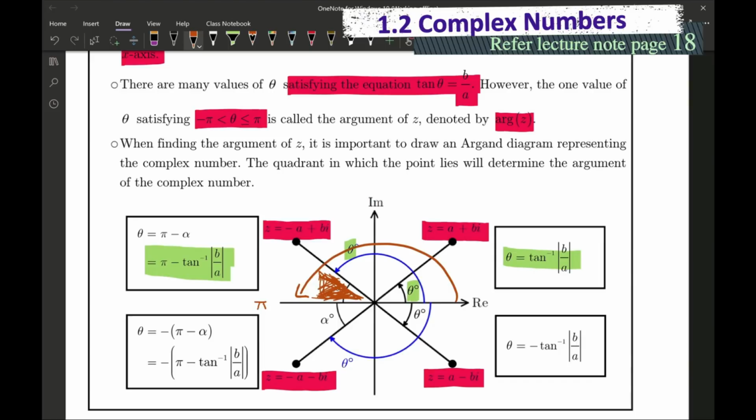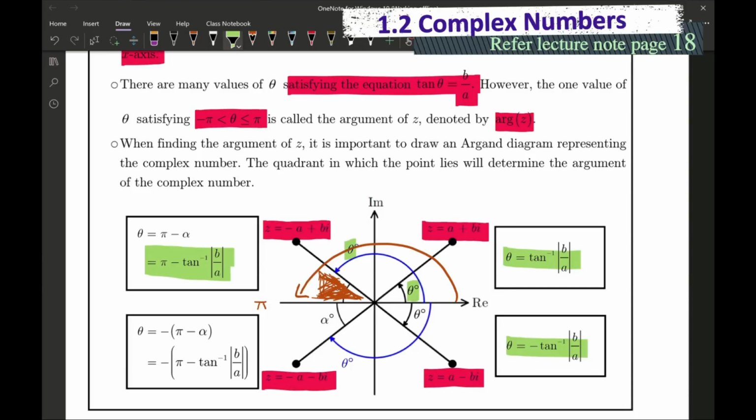What about if our complex number is in the third or fourth quadrant? You can see from the formula here. Let's say our complex number is in the fourth quadrant.